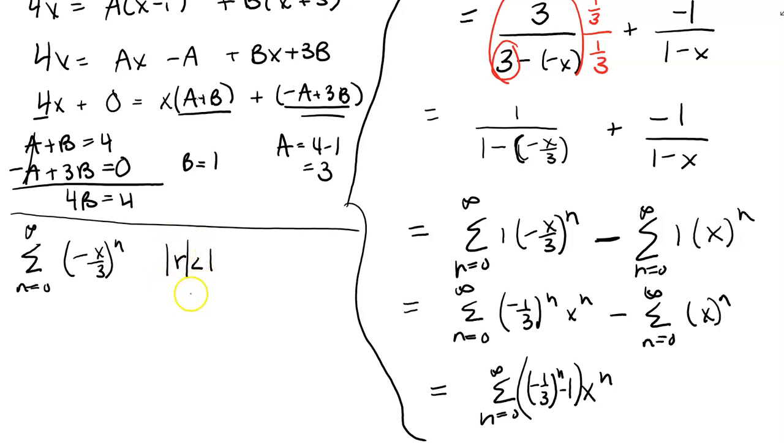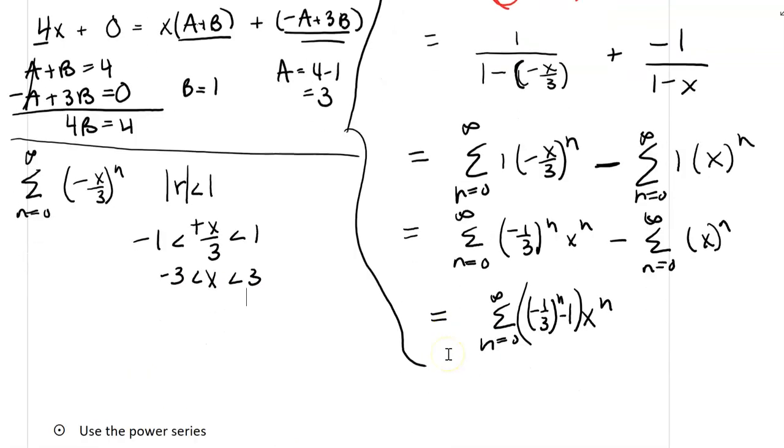So the absolute value of negative x over 3, which will end up being positive x over 3, has to be between negative 1 and 1. So that tells me x has to be between negative 3 and 3. And you don't have to worry about the endpoints with the geometric, because greater than or equal to 1 diverges. So it couldn't be the endpoints there.